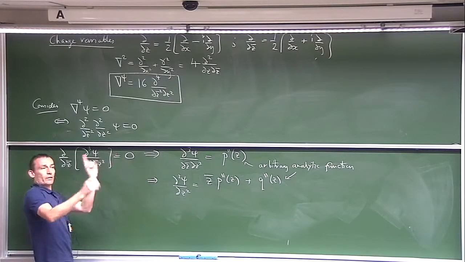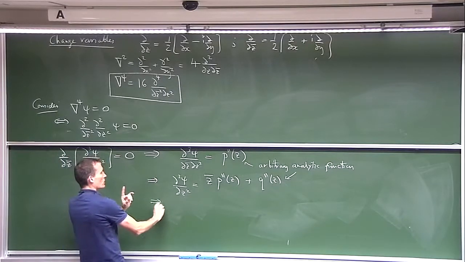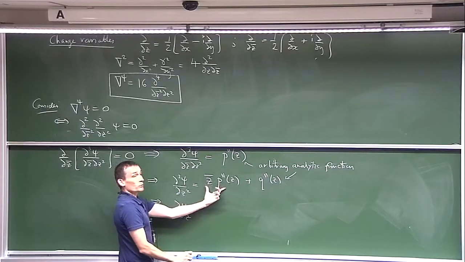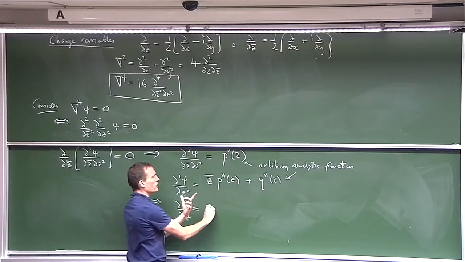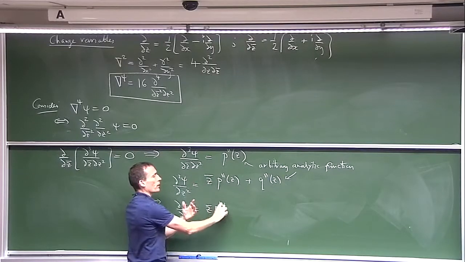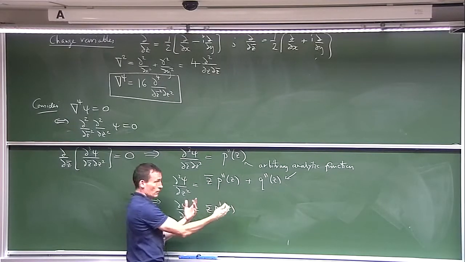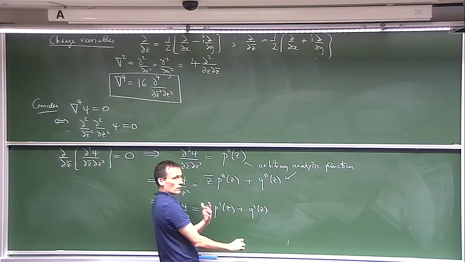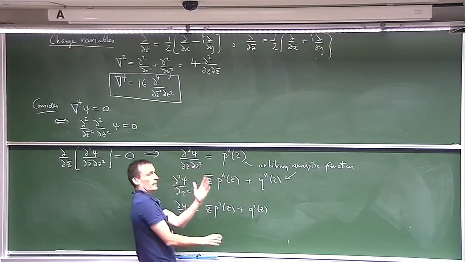So let me integrate, but being careful. Let me integrate once with respect to z. What's the integral of this thing with respect to z? It's conveniently, that's why I did it, p prime. This one is q prime. Well, what else do I get?